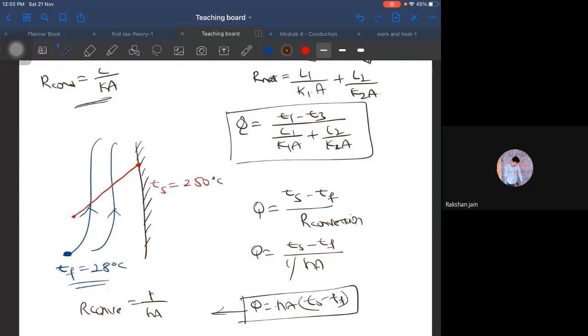Newton's law of cooling. That is how it is interconnected. So this is the convection resistance.